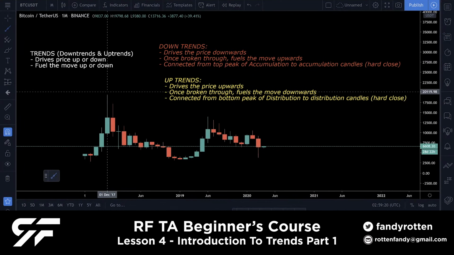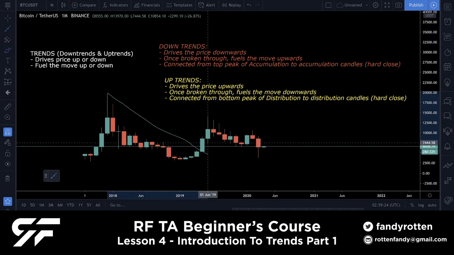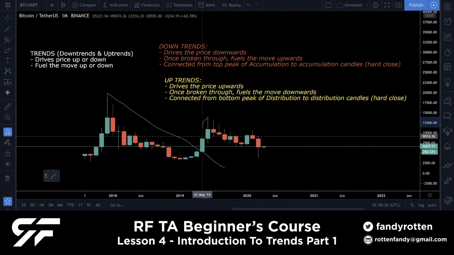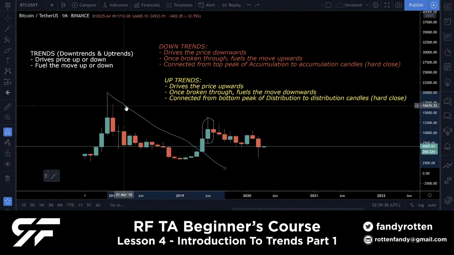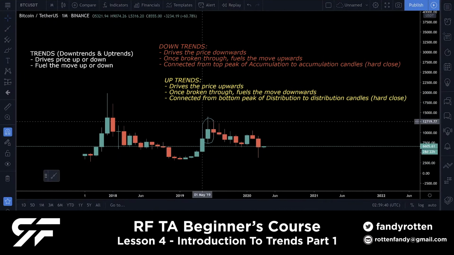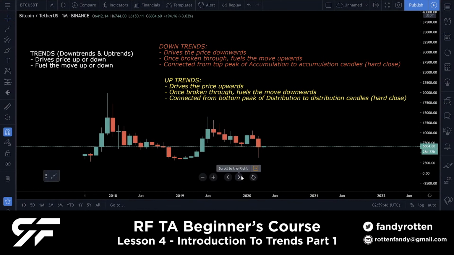Okay, which means in case of a downtrend, the body of the candle or the peak of the candle you want to connect it to, the bottom of the body of the candle should be above that trend line. Okay, even if a small portion of it is touching our trend line, that will not be considered technically a hard close.